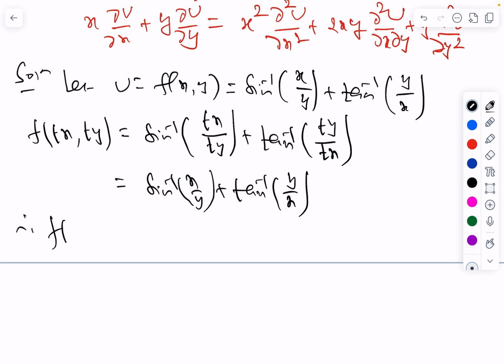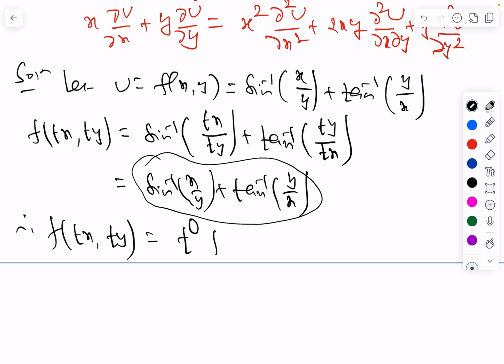And therefore you can say that f of tx, ty is equal to t power 0 into this, that is, f of x, y. t outside, nothing. So we can say t power 0 into f of x, y.